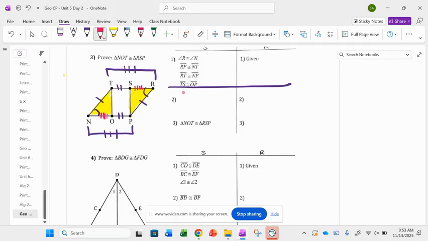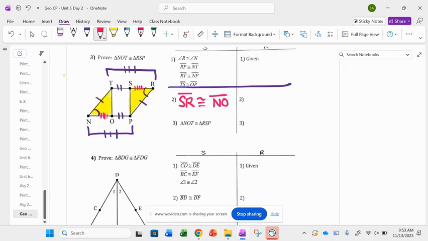Can anybody tell me why I'm able to say SR is congruent to NO? Stella? Well, because we marked up that NOP and RST are all congruent, and we marked up that the smaller part of it is congruent, so the bigger other part of it has to. What is that?